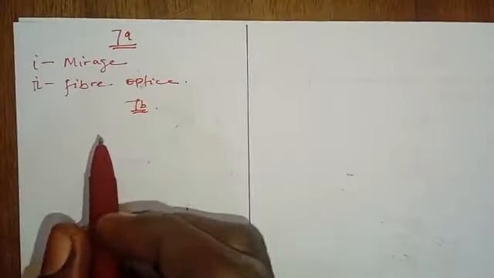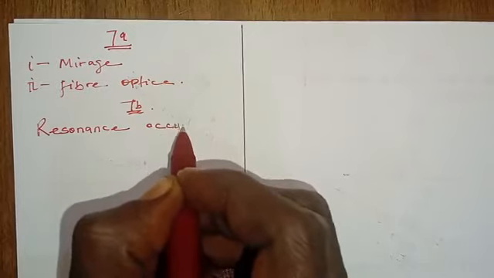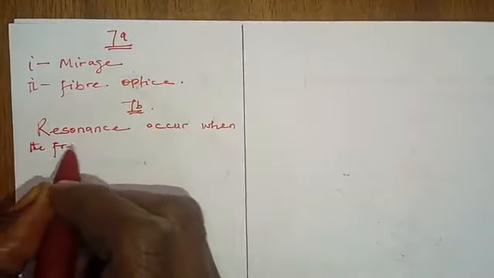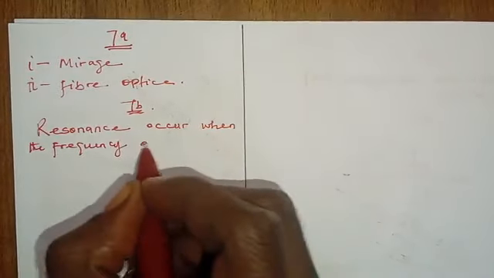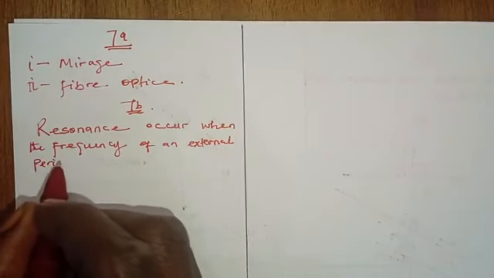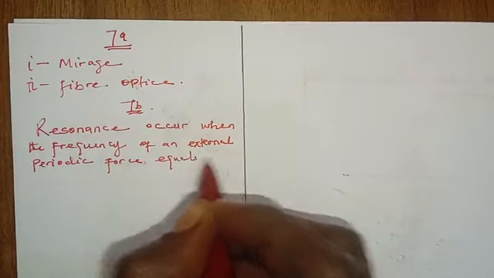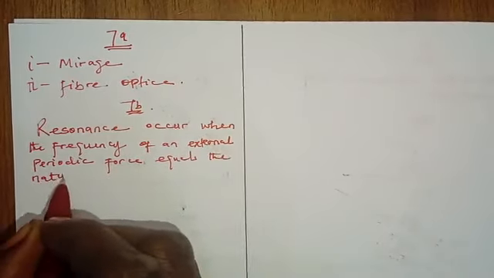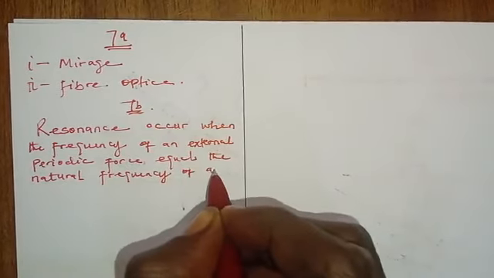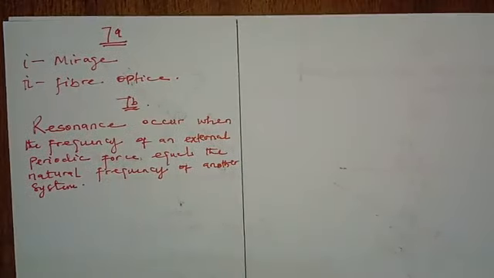So resonance, you say that resonance occurs when the frequency of an external periodic force or system equals the natural frequency of another system, right? So that is for resonance.